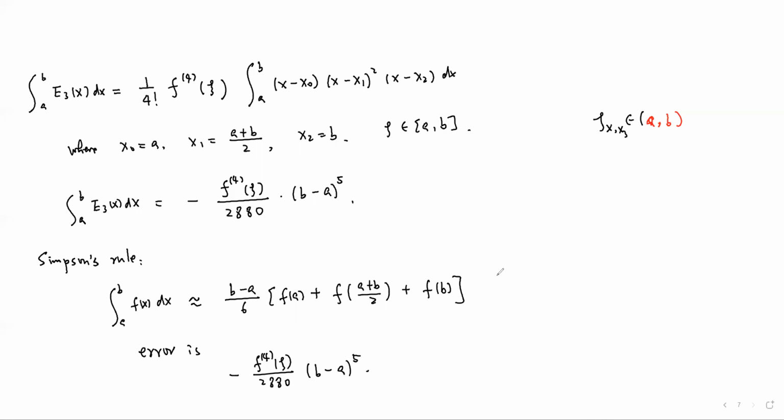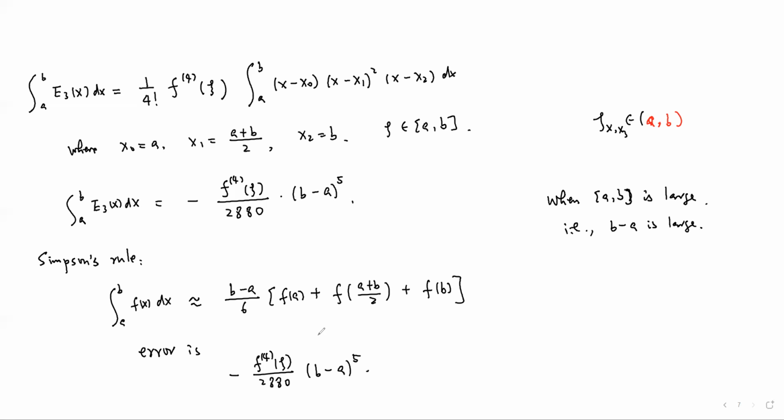One problem with Simpson's rule: when the interval AB is large, that is, b minus a is large, b minus a to the fifth is large. So when the interval is large, the error can be very large.